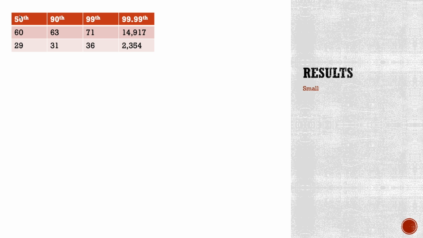I'm just going to do a quick recap of the results. We know that even from the small object point of view, we are going to have almost a double increase in speed, right? 60 nanoseconds versus 29 nanoseconds, 63 nanoseconds versus 31 in the 90th percentile. And here's an important drop, 2 microseconds versus 14 microseconds in the 99.99th percentile.